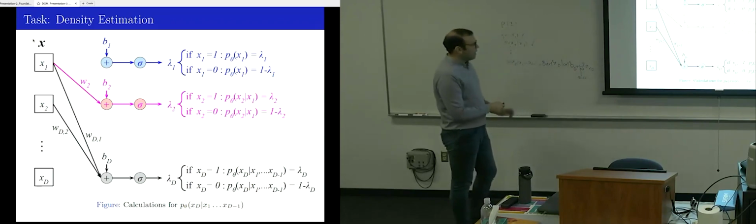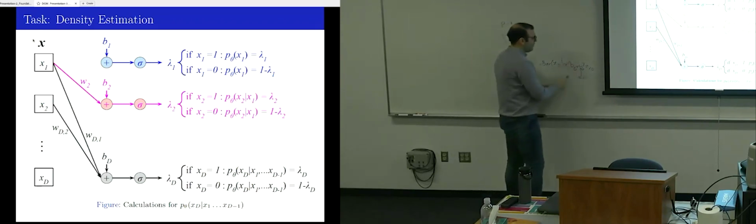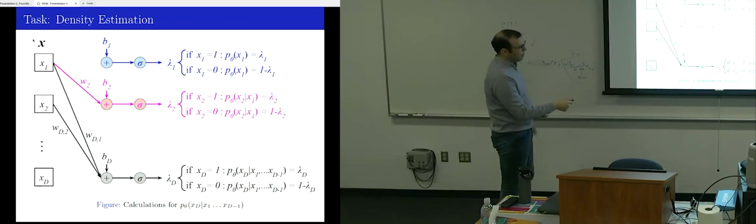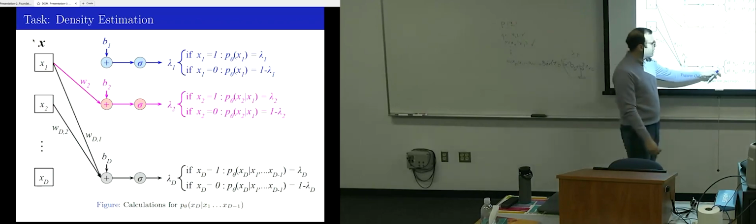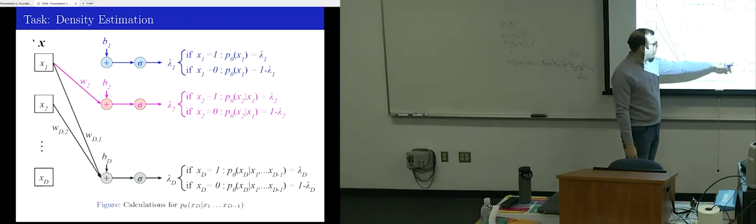So I calculate this value, which I call lambda d here. Now again, I check if the given xd is 1, this is the probability; if it is 0, 1 minus lambda d is the probability.